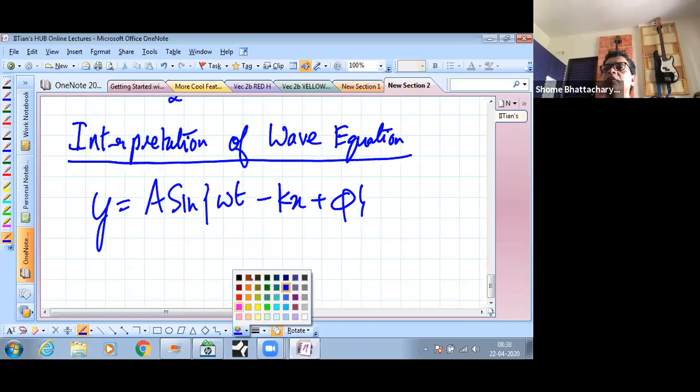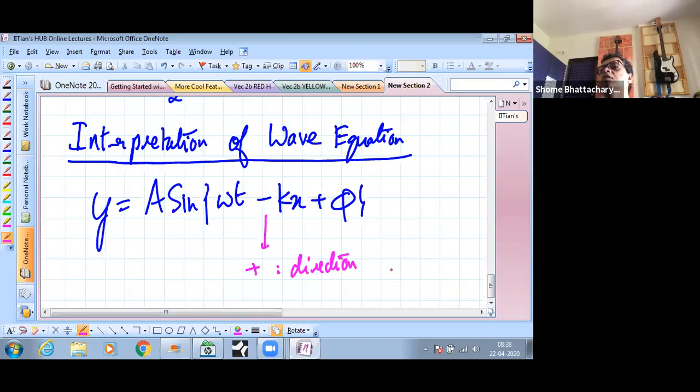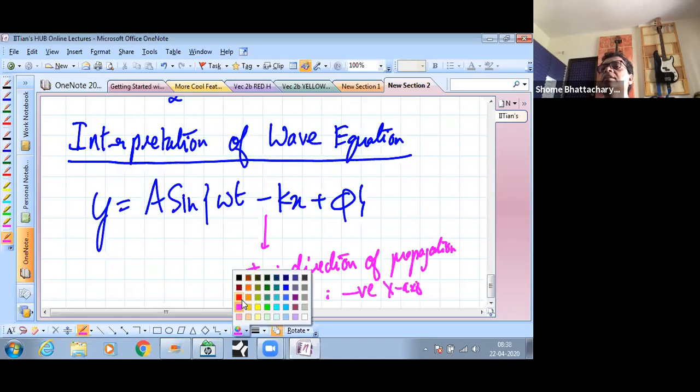So if I replace this sign with a plus, what will happen is that the direction of propagation will become along the negative x axis. Whereas when we keep the sign as negative, like I've done over here, the direction is along the positive x axis.